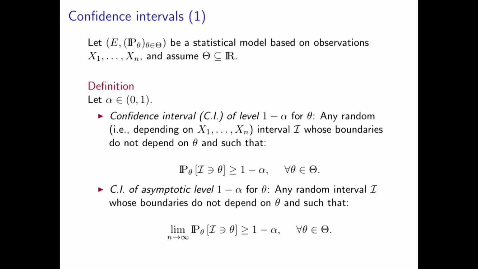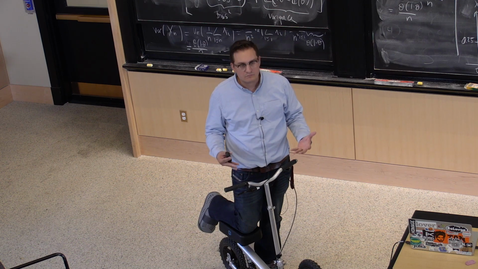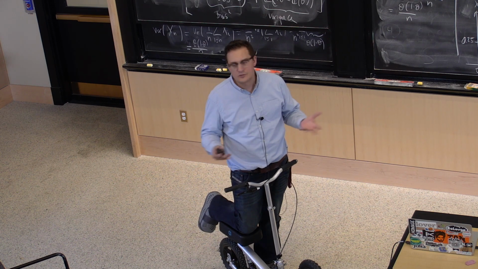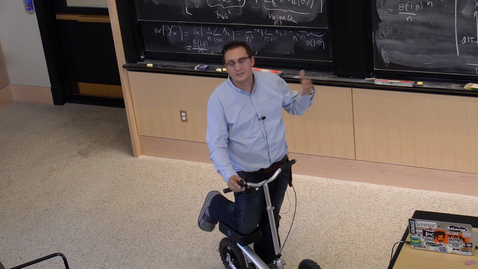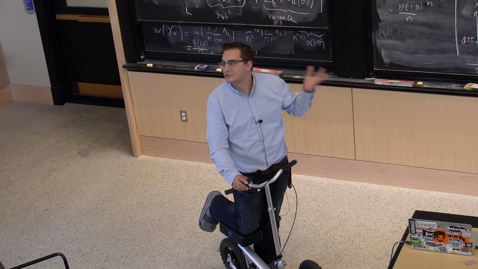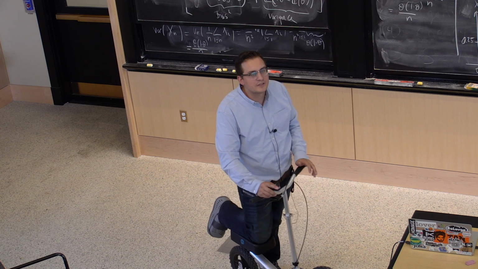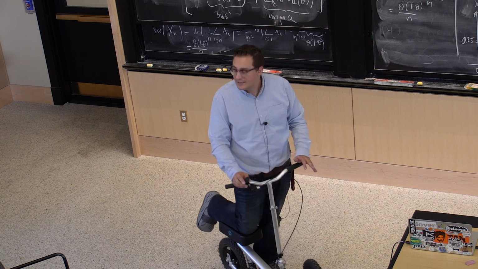An interval is a subset of the line. If I had a subset of R2, for example, that would no longer be called an interval, but a region. People like to say confidence region rather than confidence set.